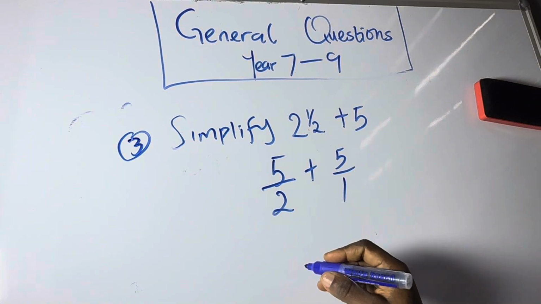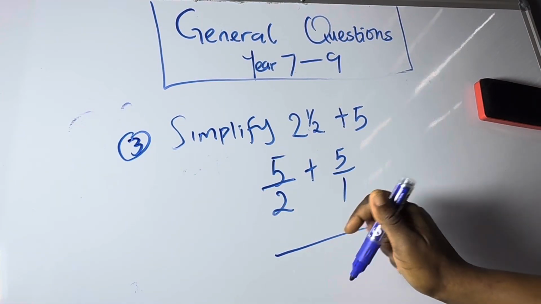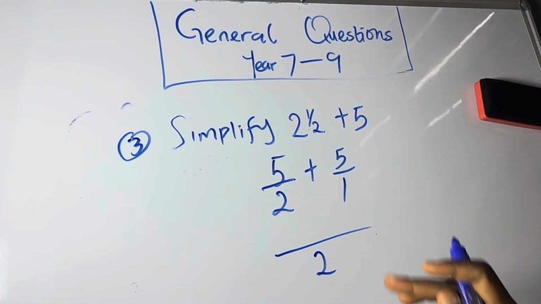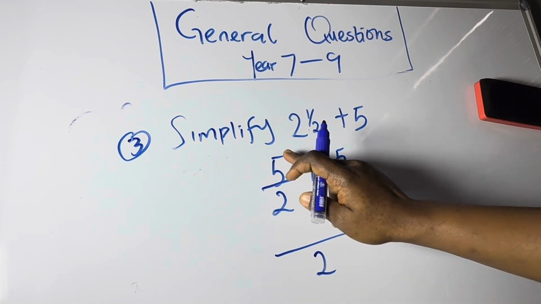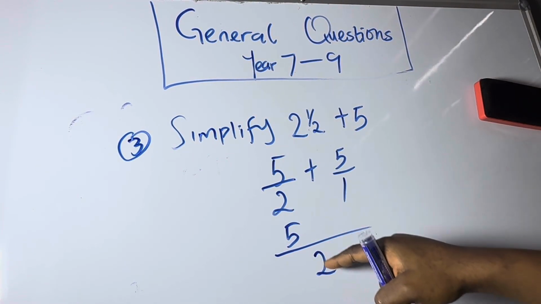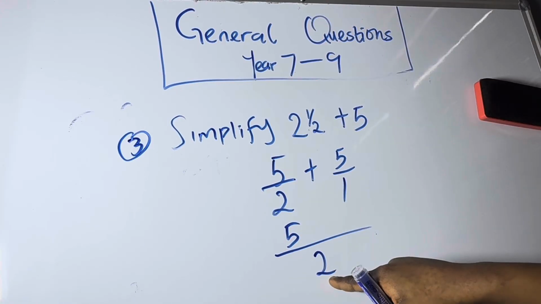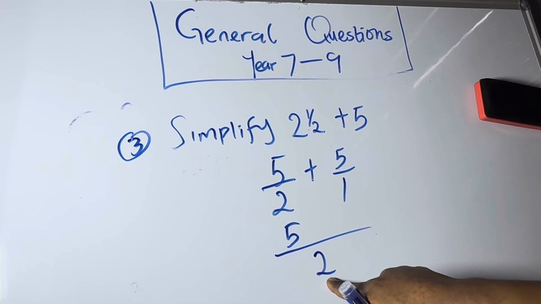Now to solve this, the first thing you look for is the LCM. The LCM of 2 and 1 is 2. 2 divided by 2 is 1. 1 times 5 is 5. So what I did here is that you are going to divide the denominator by the LCM, by the common factor, which is 2.